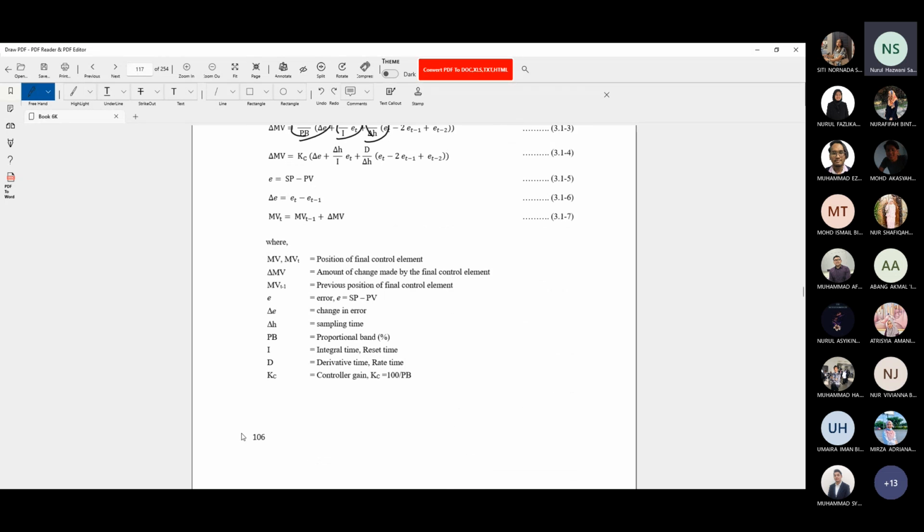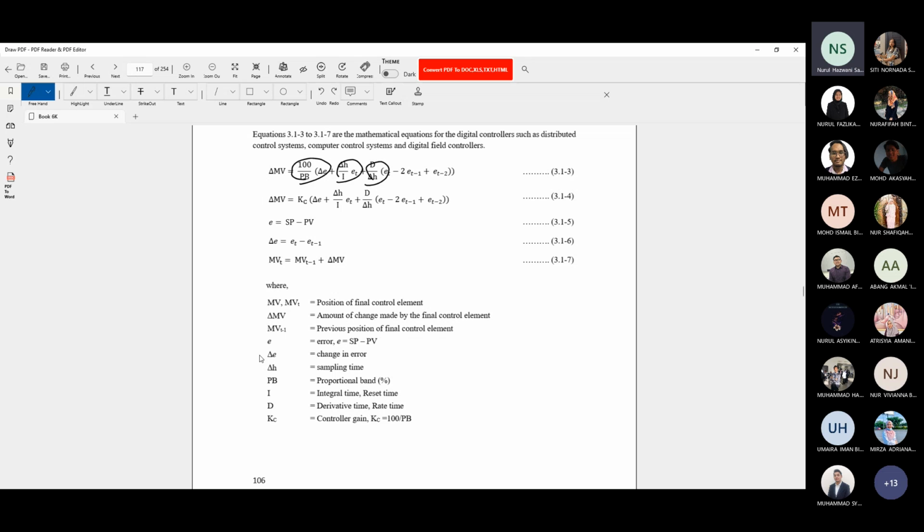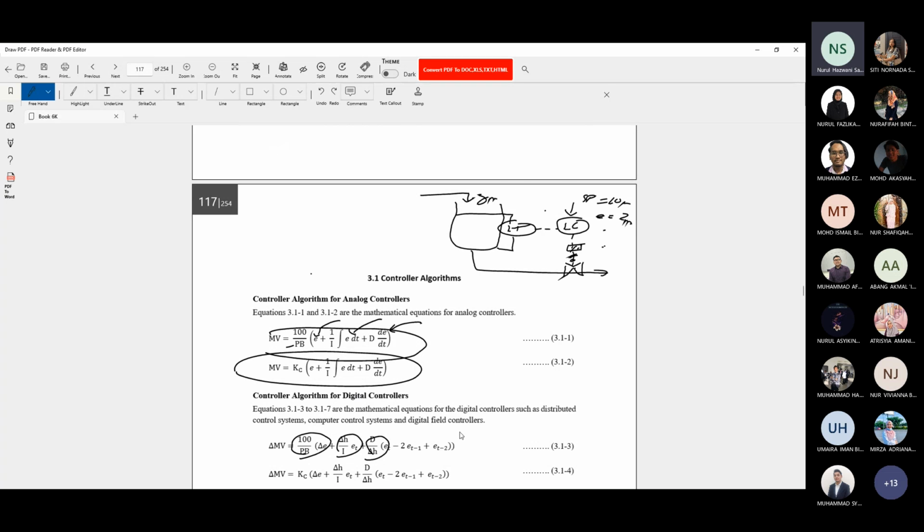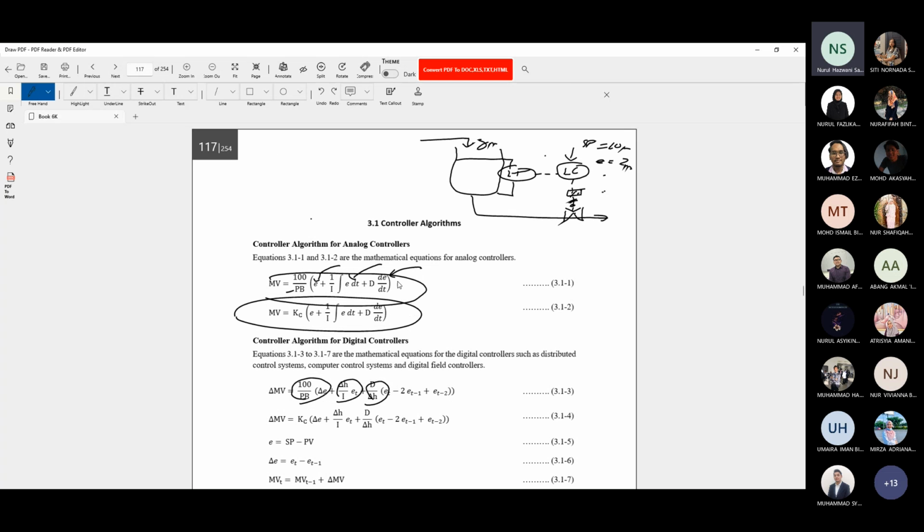Okay, so now you can read the abbreviation of each of the unknowns inside this formula. I think you already know the meaning of each term. Based on these two equations, analog controller and digital controller, we can see the relations of MV toward each of the controller terms.